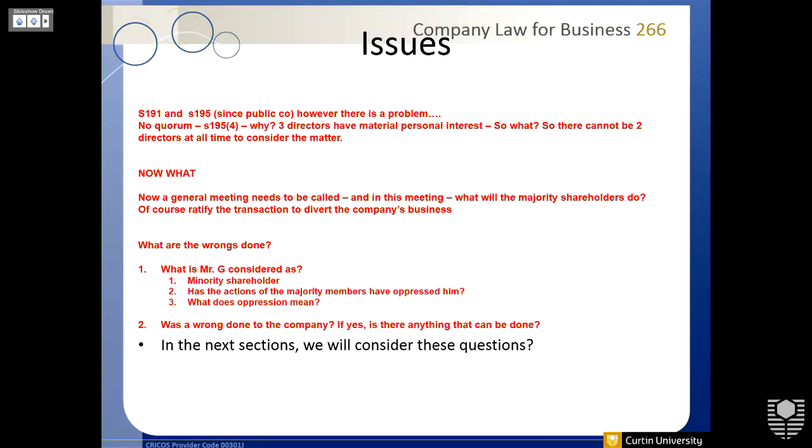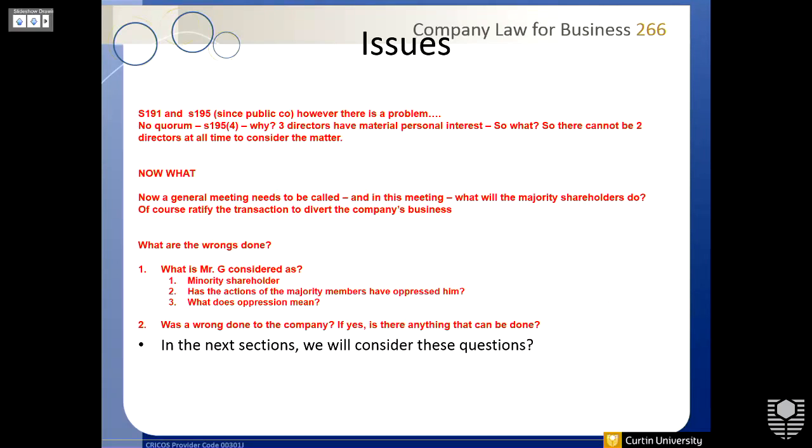What does derive mean? Comes from somewhere, right? Exactly. When we talk about derivative action, we are saying the power to sue is with the company, and this power we are now deriving and allowing the member to take action. So the member is now filling the shoes of the company and suing on behalf of the company.